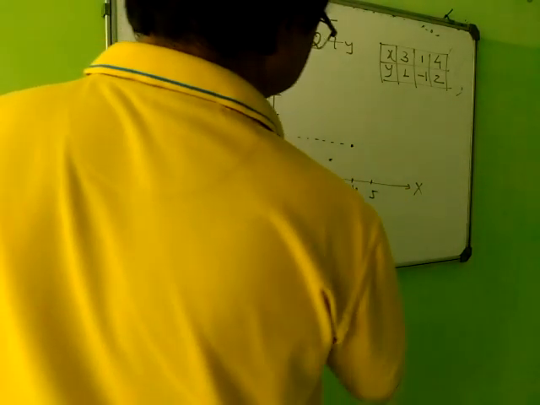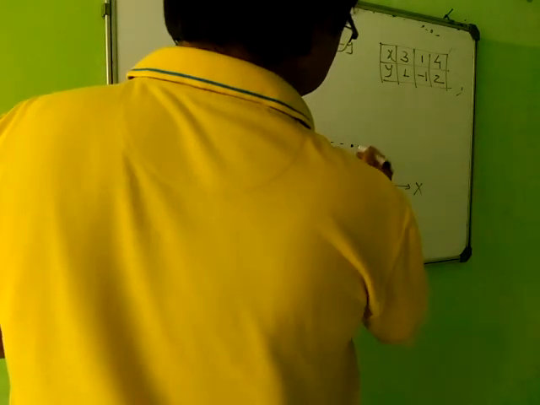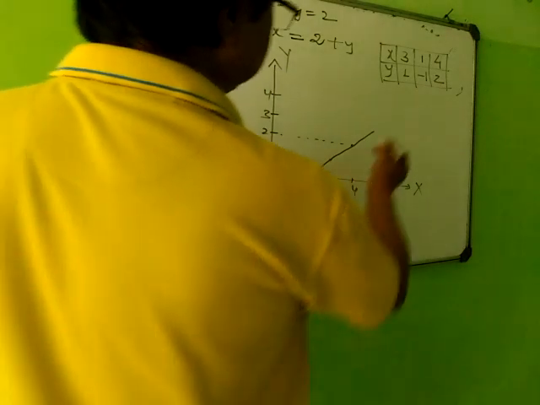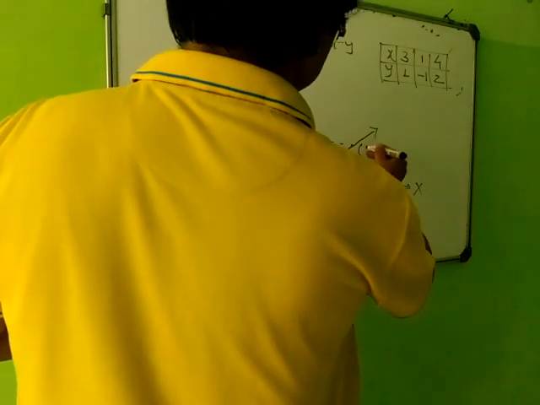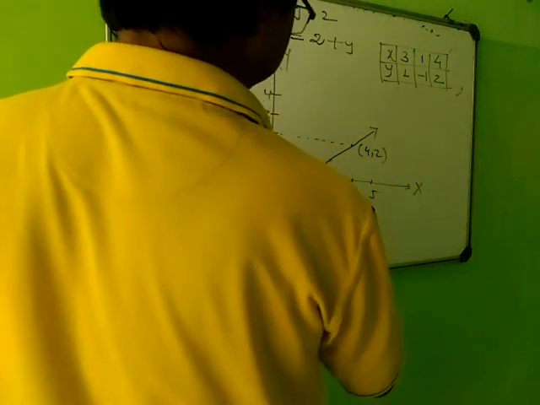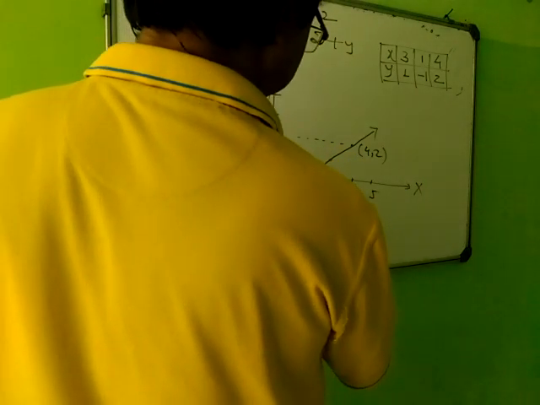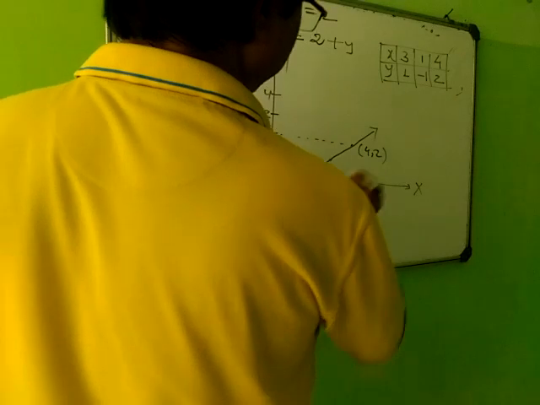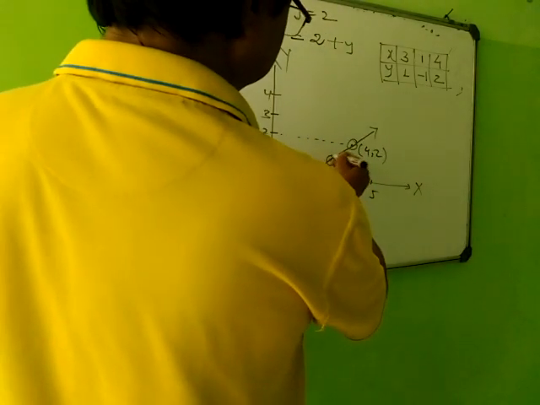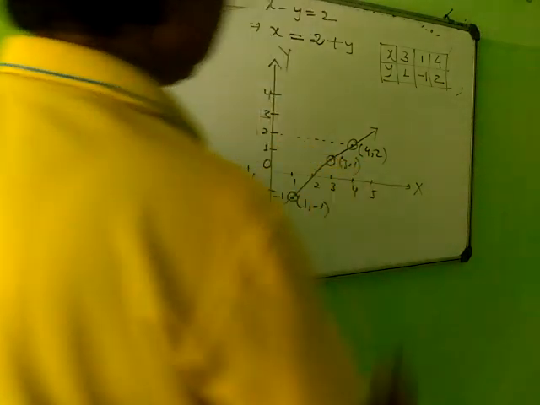Now you will join these points. So if you join these points, you will get a straight line. So this will be 4 comma 2. Then it will be 1 comma minus 1, this point, and this will be 3 comma 1.